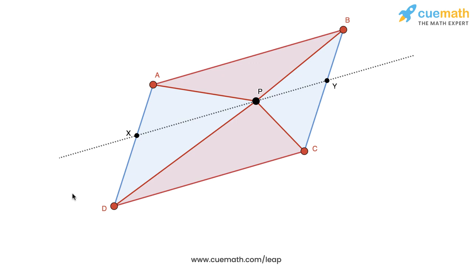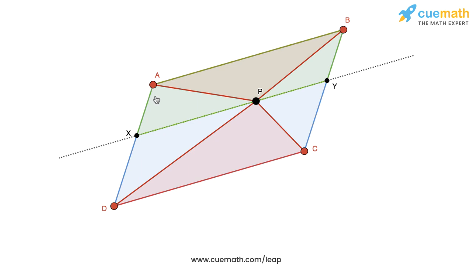Now, because XY is parallel to AB, we can say that the quadrilateral AXYB is a parallelogram, and now triangle APB and parallelogram AXYB are on the same base AB and between the same parallels AB and XY.